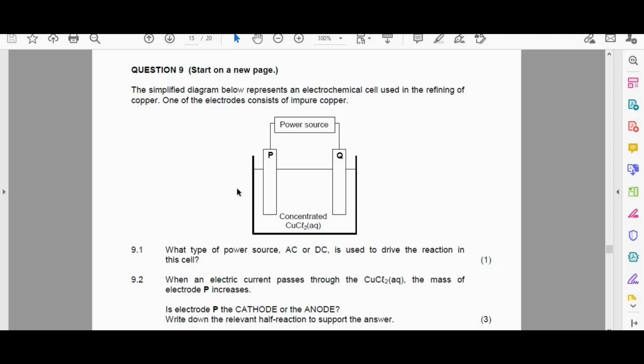There are a few differences though with the electrolytic cell. The galvanic cell requires a voltmeter, whereas the electrolytic cell requires a power source, such as a battery. In the galvanic cell, you have a salt bridge, but in the electrolytic cell, you don't. In your galvanic cell, your anode is negative and your cathode is positive. Here in the electrolytic cell, it's swapped around.